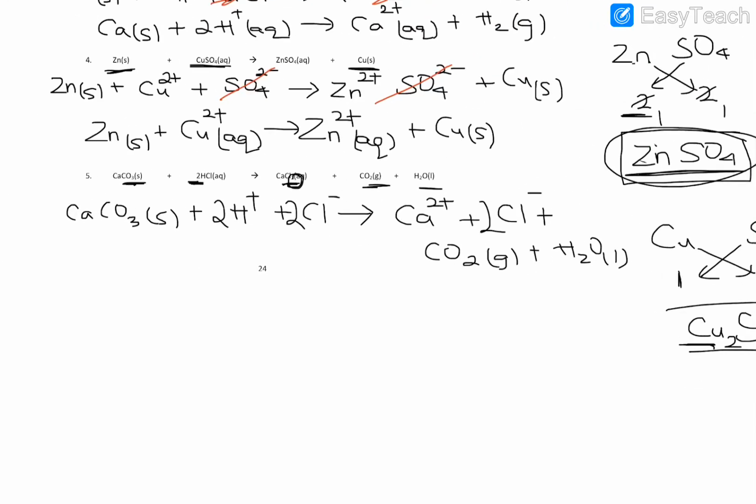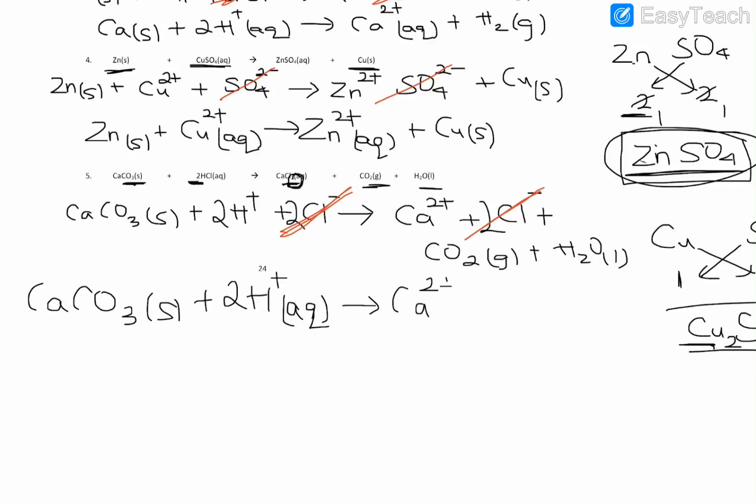Okay, so let's see what cancels out. So you have the Cl minus that cancel out and then everything else remains there. So CaCO3 solid plus 2H plus aqueous giving Ca2 plus aqueous plus CO2 gas plus H2O liquid. Here you have the ionic equation.